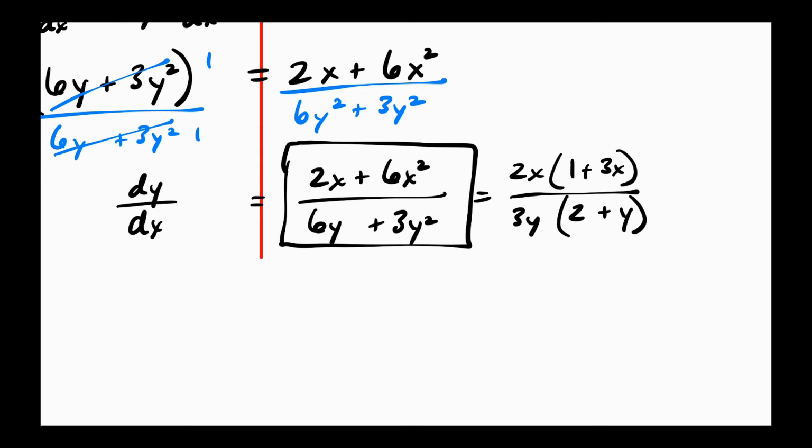Free response, either one works. I'm okay with either one. Multiple choice, you've got to match it up with what they give you. The nice thing about multiple choice is the answer's there. But I've taken many tests, and the hardest tests you'll ever take are multiple choice tests.